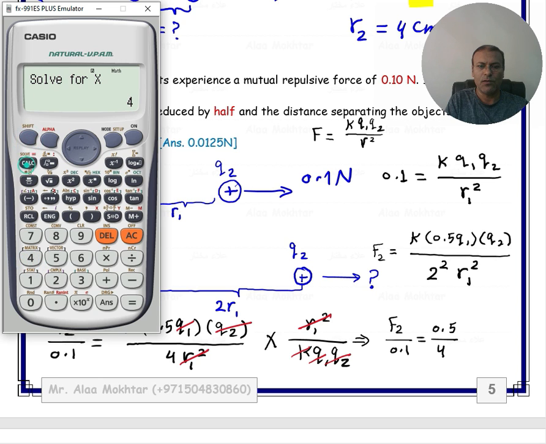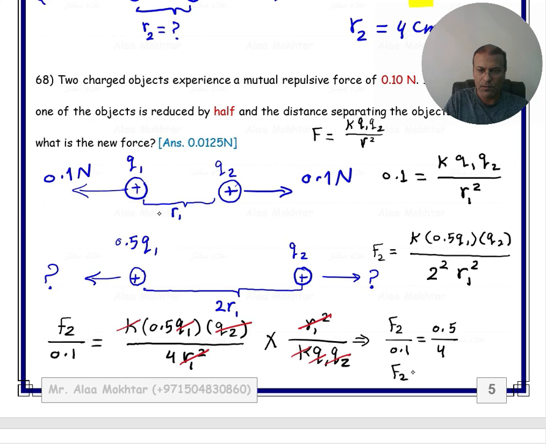Shift solve gives the answer 0.0125. So the force in case number 2 is 0.0125 Newton after these changes. The charge decreases to half and the distance increases to double. The new force is 0.0125 Newton.